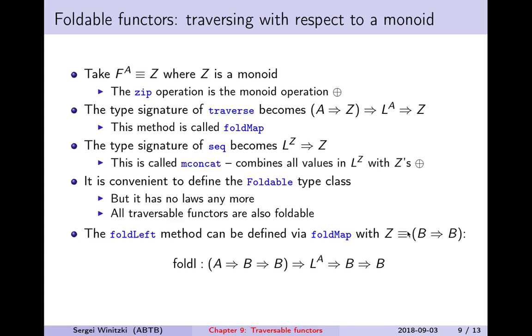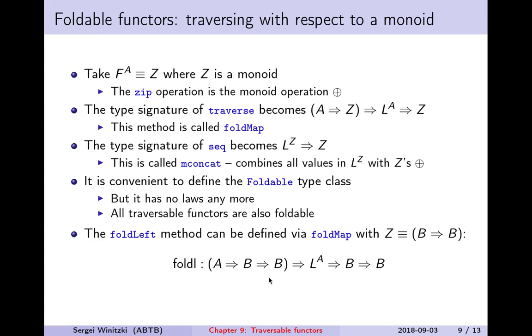And finally, let me show how to define the fold method. And that's a trick where you take this as your monoid type. Now this is a monoid where B is an arbitrary fixed type, and these functions are just concatenated by composition, and the identity value is the identity function. Now, if you substitute into the foldMap, you substitute B to B, you get this type signature.